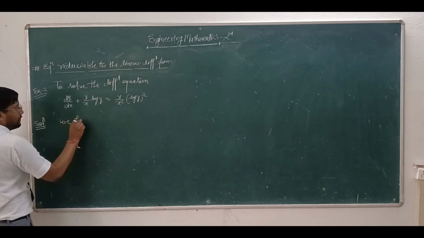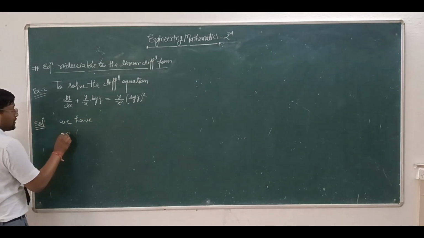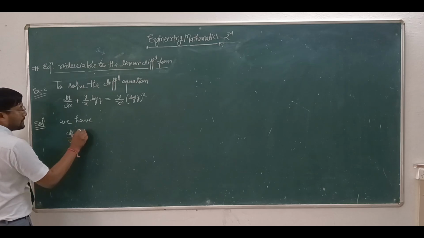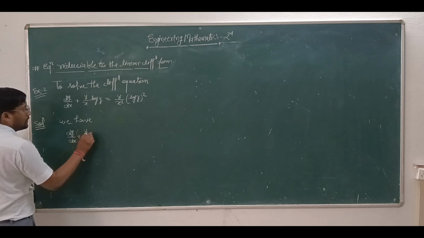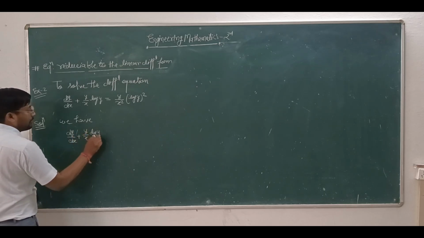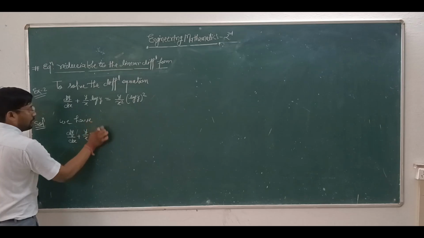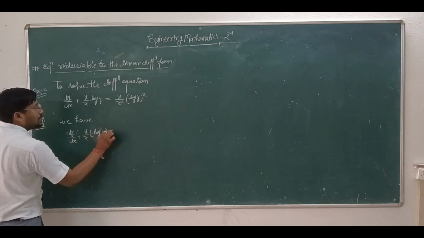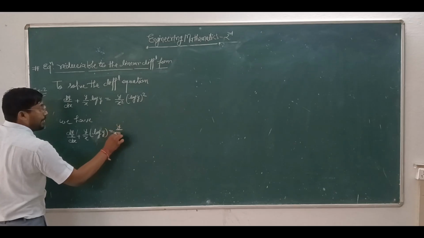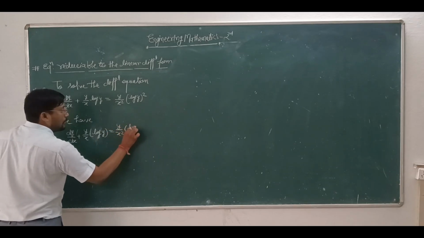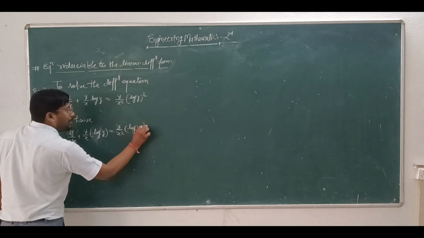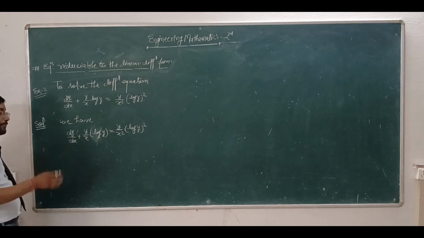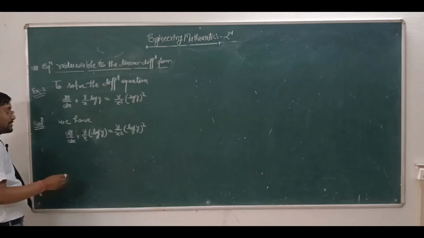We have, first you note down dy/dx + (y/x) log y = (y/x²)(log y)². Now you can reduce it to a homogeneous form or a linear differential equation form.